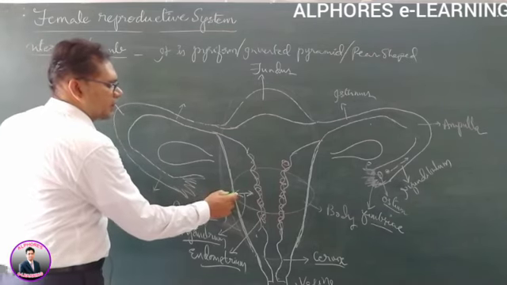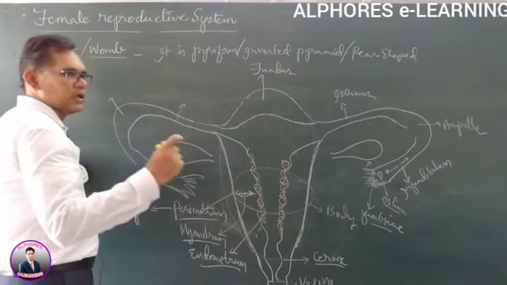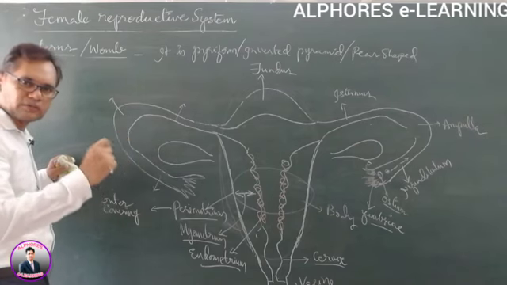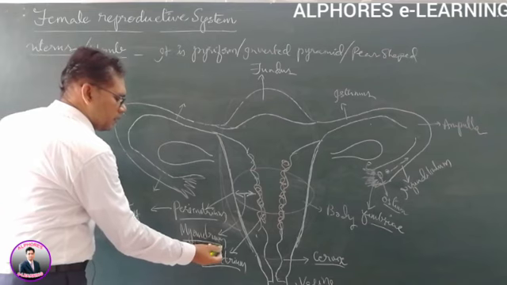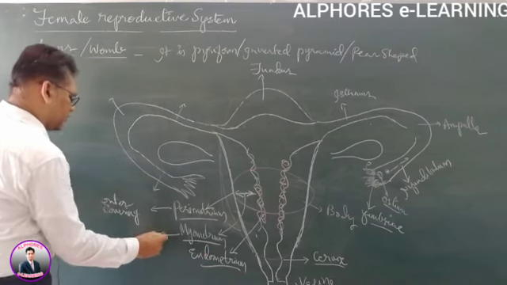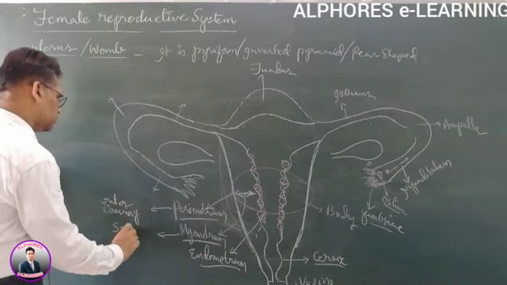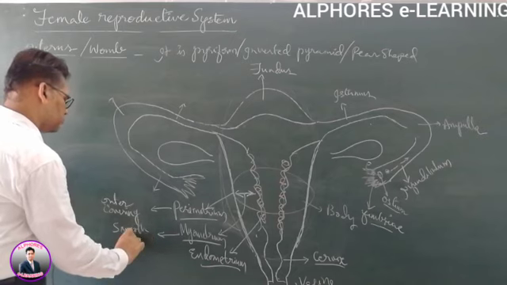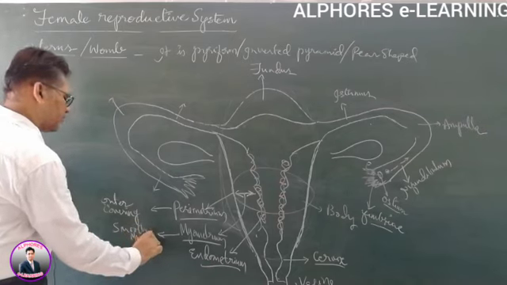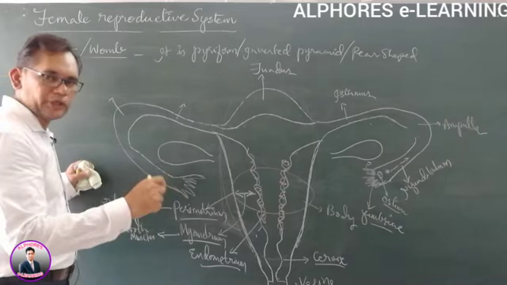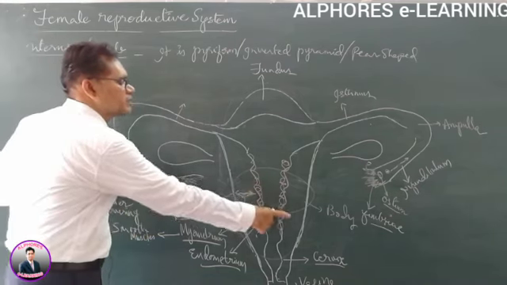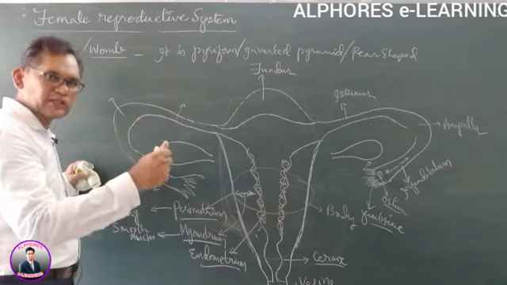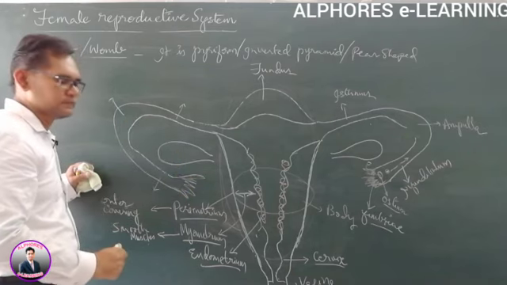Then myometrium is the thickest part of the uterus. Myometrium has smooth muscles useful for contraction during parturition. These are the uterine muscles which undergo contraction for expulsion of the baby.